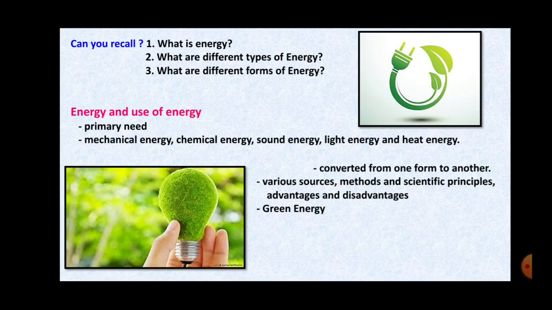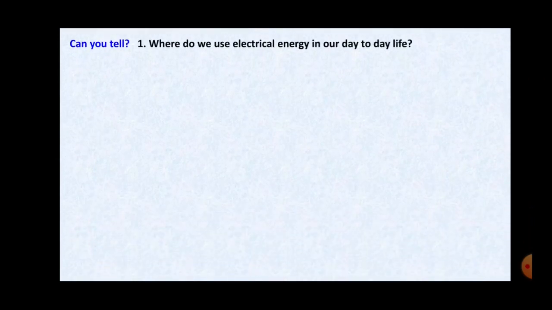As you know, every coin has two sides. So if there are any advantages, then there may be certain disadvantages also. And lastly, we are going to study what is green energy. What do we understand by green energy?